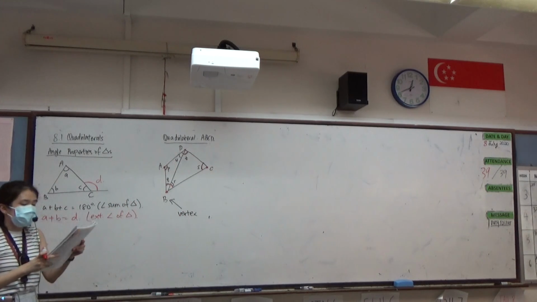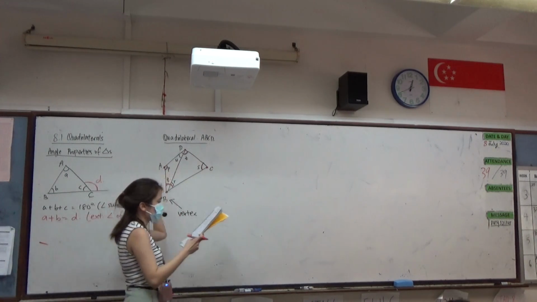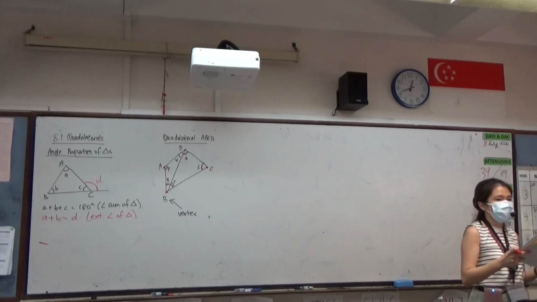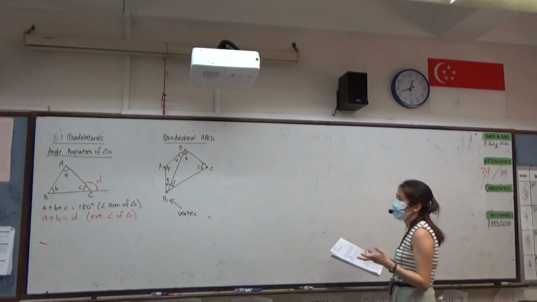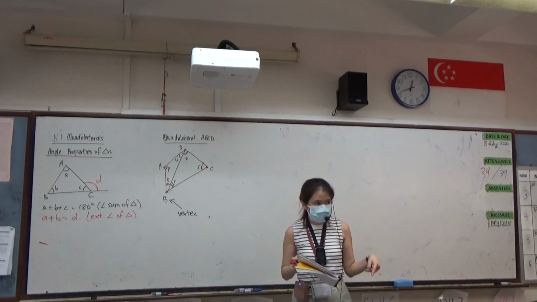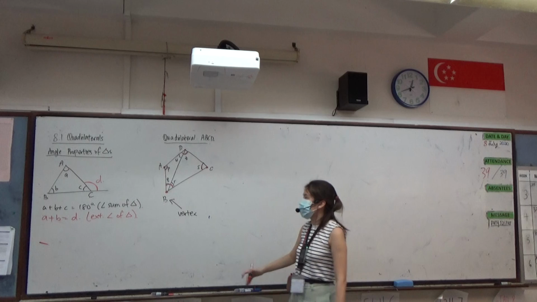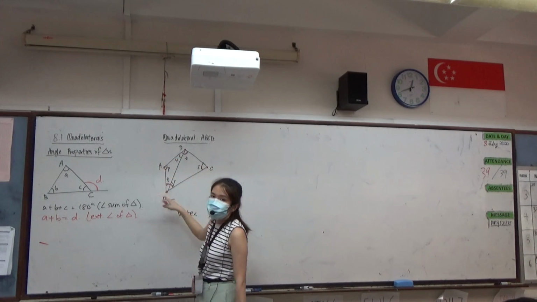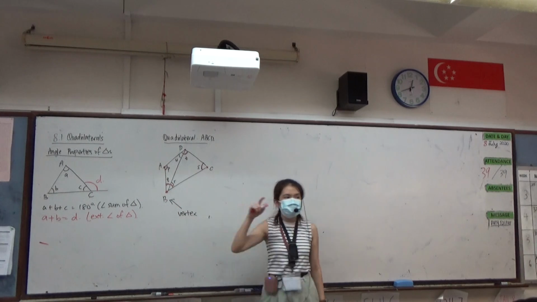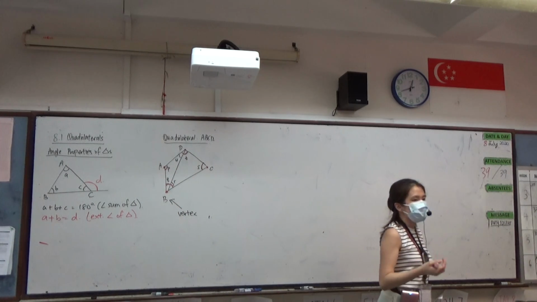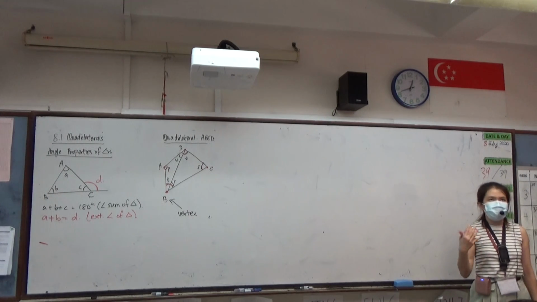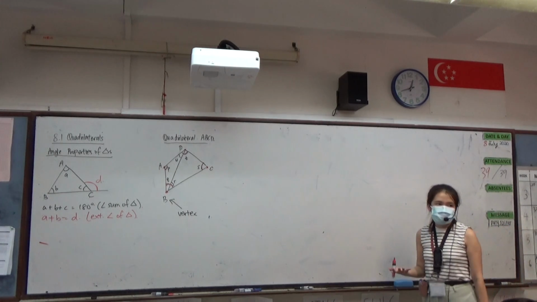Then we also have a diagonal going across, right? And we need to take note of how a quadrilateral is named. When I say a quadrilateral ABCD, we will have it either in a clockwise or an anti-clockwise manner. In my case over here, I have it in an anti-clockwise manner. Sometimes diagrams are not given, and we need to draw our own diagram to understand the question itself.